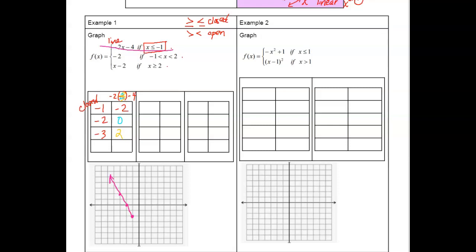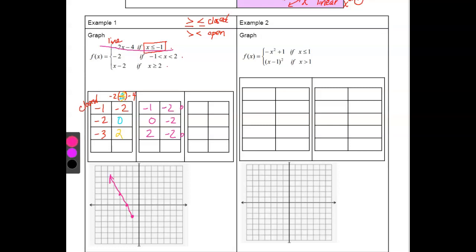So then the middle piecewise, we need to use -1 and we need to use 2. And then I like to use a number that's in between. I'm just going to pick 0. We want an open circle on both, so I'm going to put an open and an open so I remember. And then there's no variable here, which means that the y value every single time is -2, no matter what.